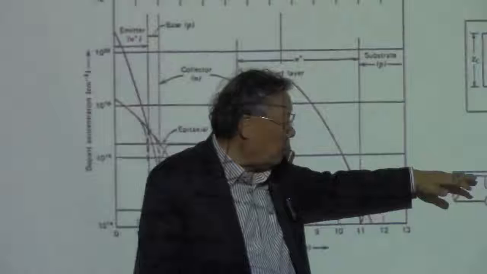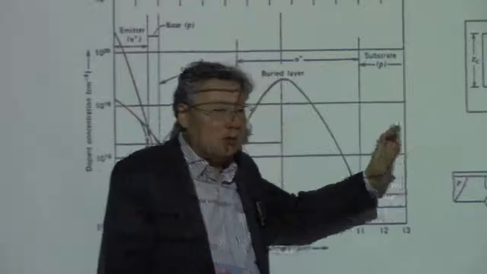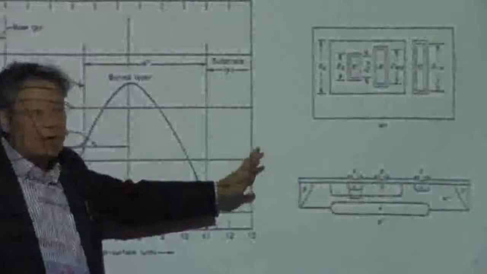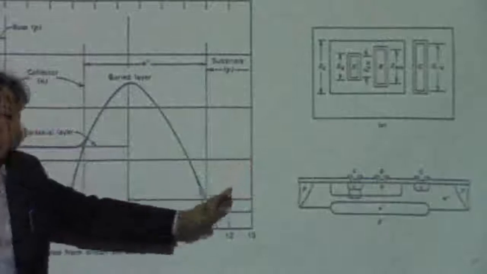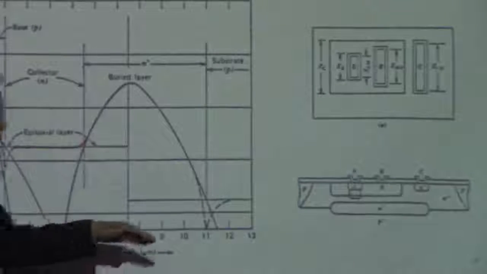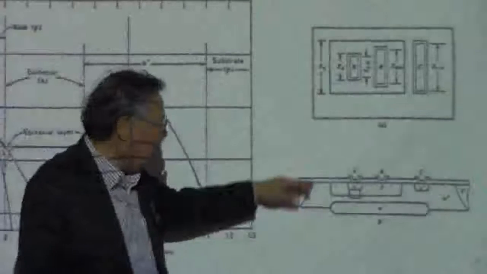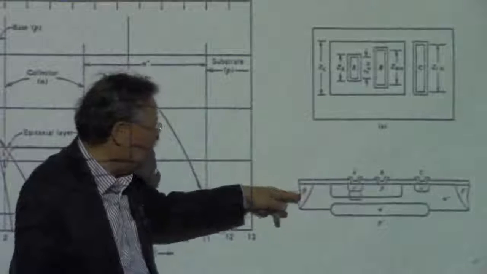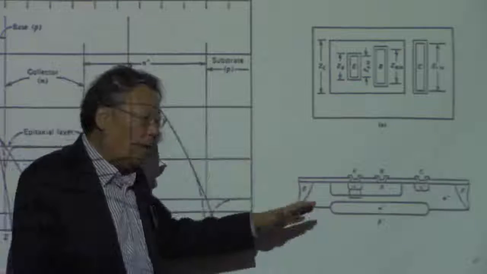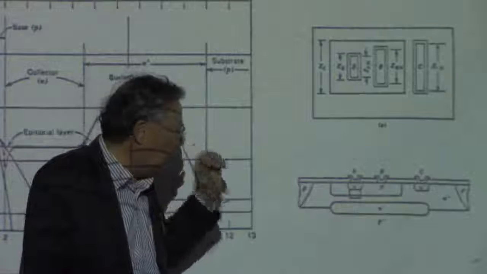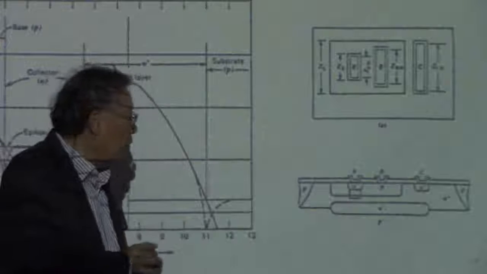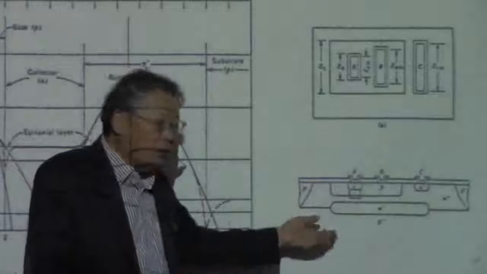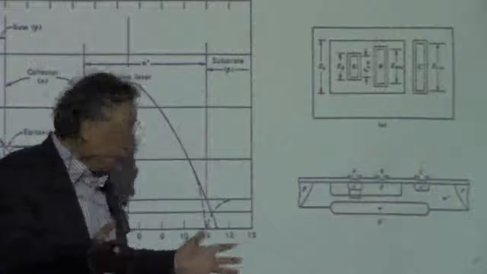So the arsenic cannot be used for this buried layer, because during the epitaxial growth, usually the temperature for the epitaxial layer is about 1100 degrees centigrade. It's a pretty high temperature, a very slow process to maintain the texture, the single crystal. You have to grow the single crystal for the epitaxial layer. So at high temperature, at low deposition rate, the out diffusion is very important, and also the vapor pressure is important.